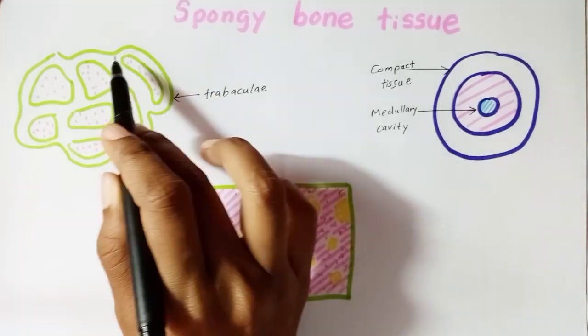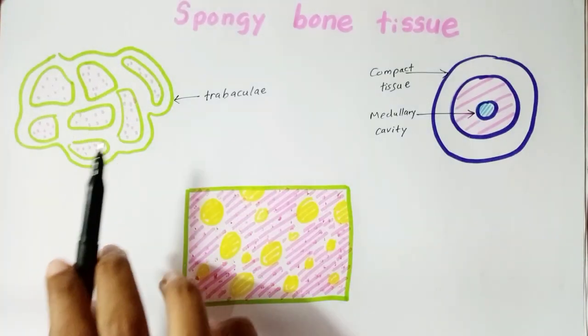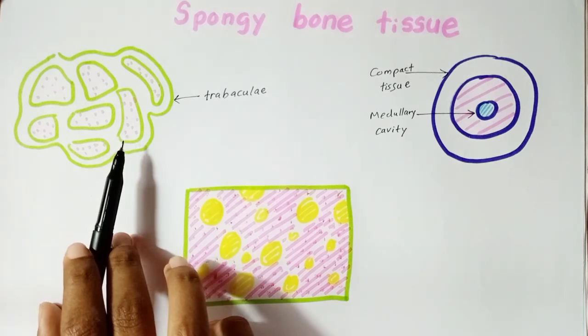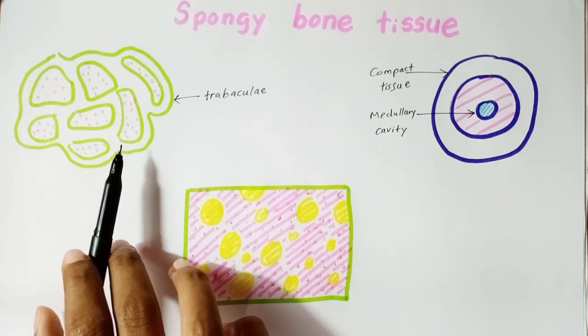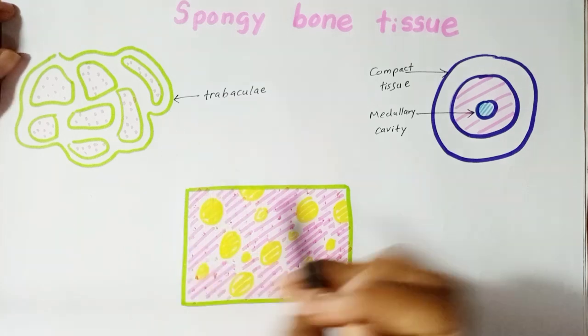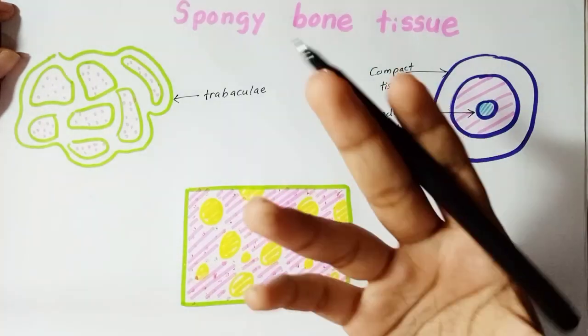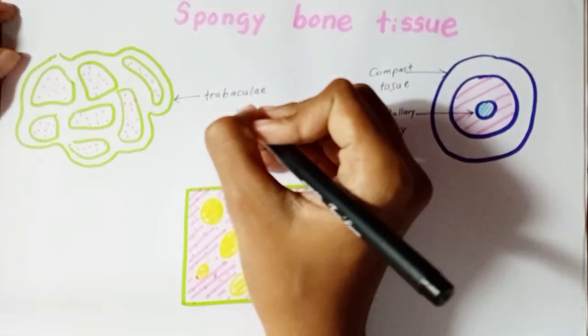So you can see here it is a network, and within this trabeculae there are bone marrow and blood vessels. So this trabeculae consist of concentric lamella, osteocytes, lacunae and canaliculi.